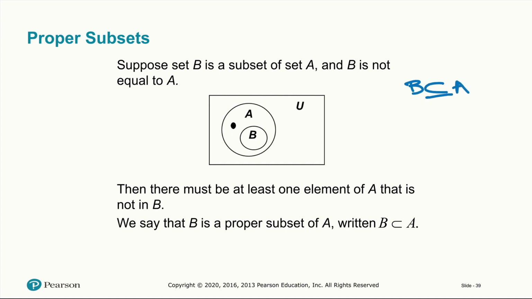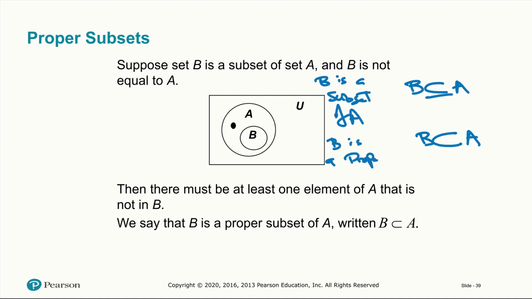So this just says B is a subset of A. But when I write the symbol without the bar like that, it should no longer be read as B is a subset of A. This should be read as B is a proper subset of A. It kind of has to do with the notion of equality.